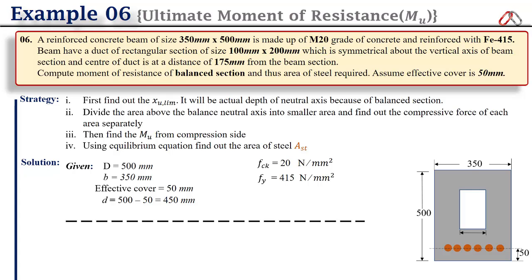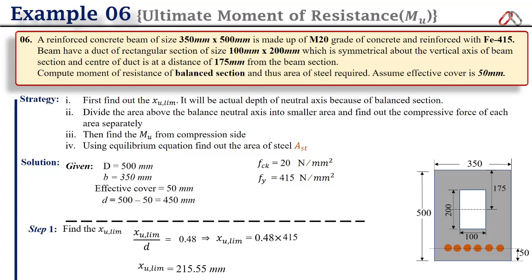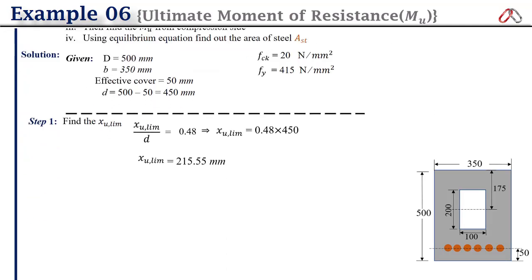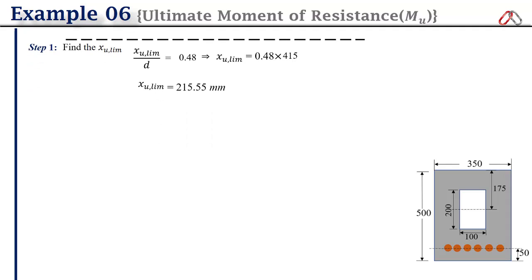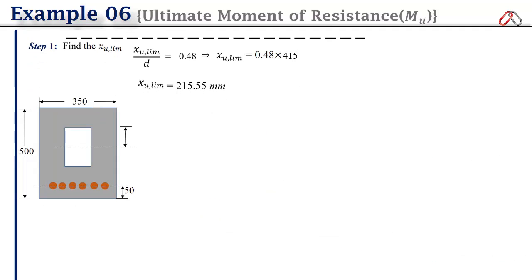The dimension of the duct is 100 mm into 200 mm at a distance of 175 mm from the upper compression fiber. So the first step, find the actual limiting. The value of actual limiting upon D is 0.48 for 415 steel, and the final value is 215.55 mm. Let the distance, that is 175 mm, be 100 mm plus 75 mm.